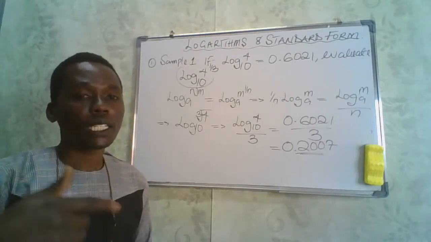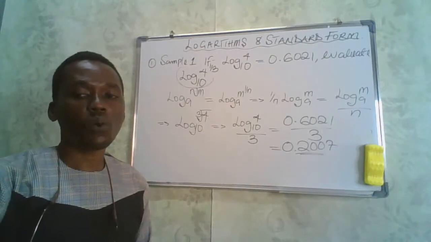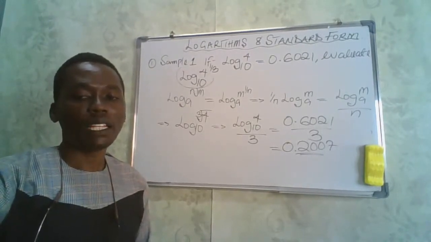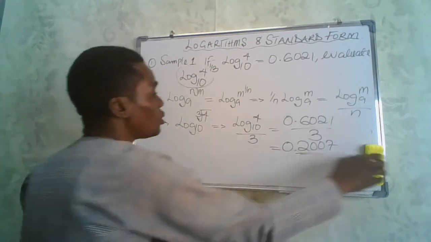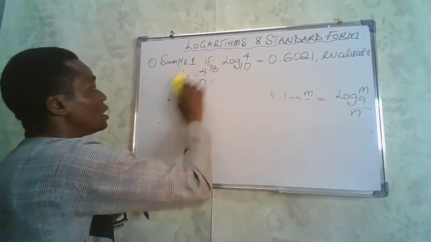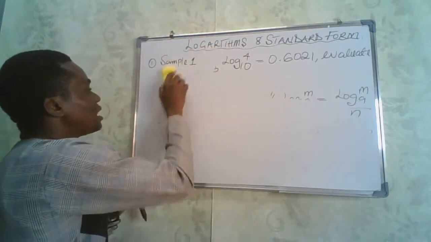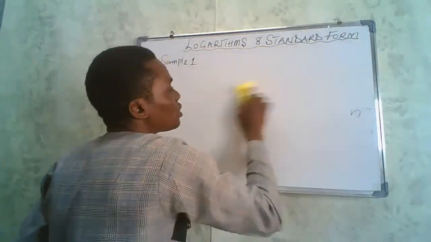Now let's look at another question that entails us applying one other law of logarithm. This question is not going to be difficult, but it's one of those questions selected from your JAMB past question series.